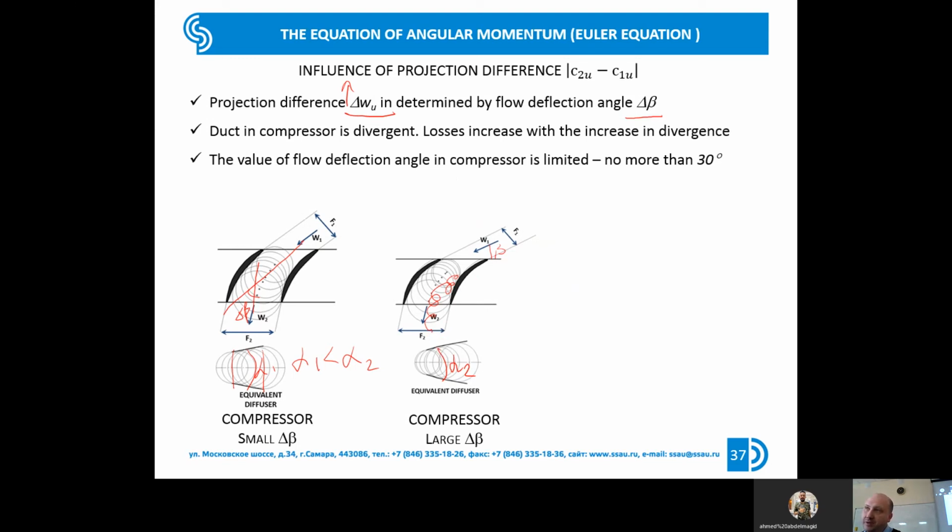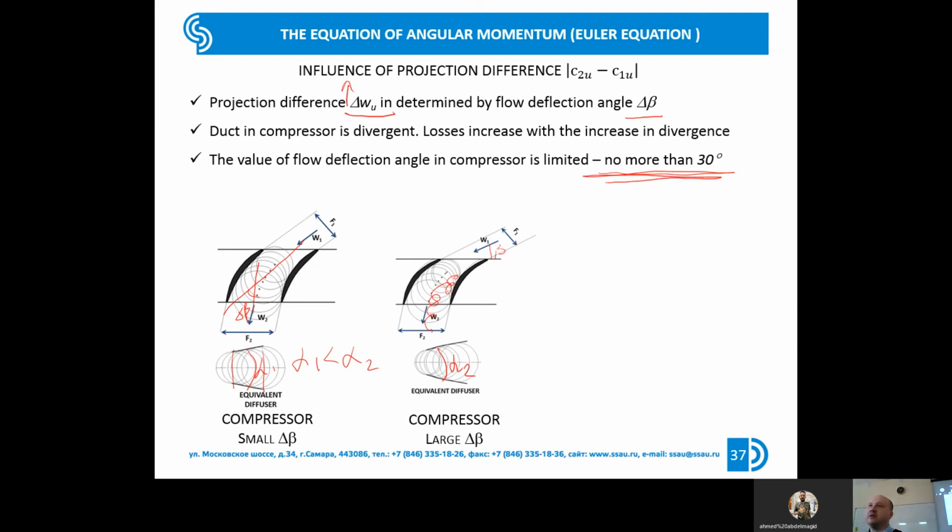This is a high probability. On one hand, you have a diffuser channel; on the other hand, you are turning this channel. That's why the probability of flow separation at this moment will be very high. And if you turn the flow through a big angle, you get big losses. That's why the value of delta beta is limited.